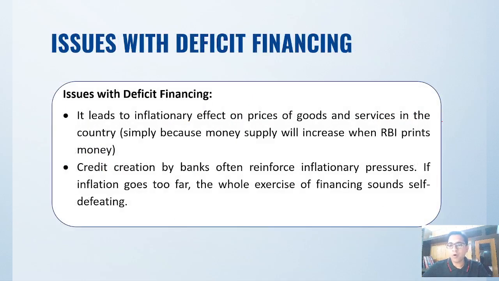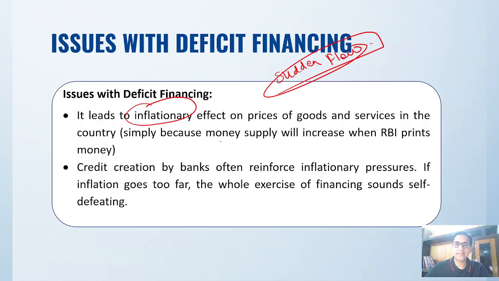Now, what are the issues with deficit financing? Whenever you have a sudden flow of money, it leads to inflation, because the money supply increases, because RBI has to print more. It leads to erosion of the value of money.